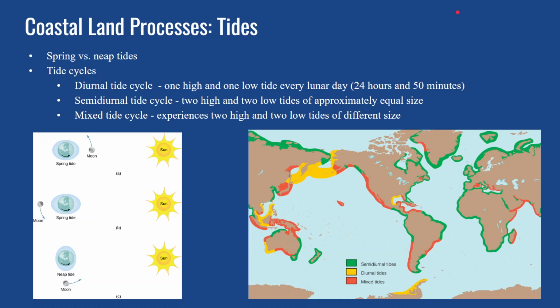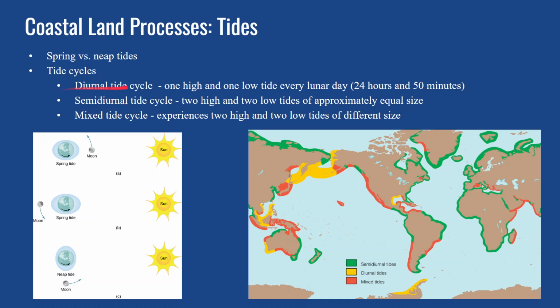The result of this is that the timing of the high tides will shift throughout the month, because the lunar day is slightly longer than the solar day we experience here on Earth.